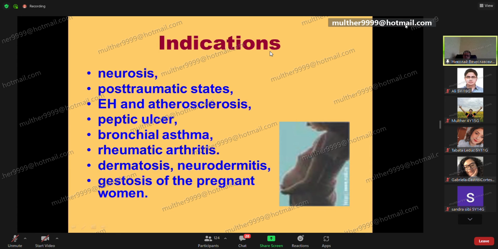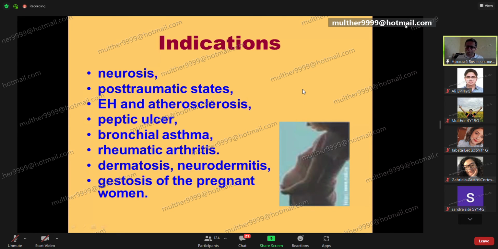And note your attention, even gestosis or preeclampsia of the pregnant woman, associated with hypertension. For correction of a pregnant woman's hypertension, we can successfully apply this procedure without any side effects on the pregnant woman and her child's organism.